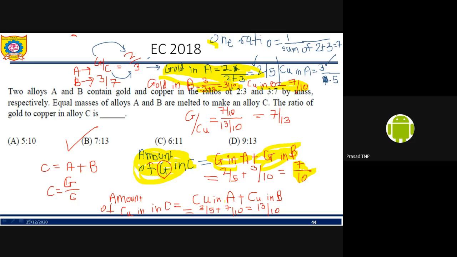Then we calculated the amount of copper in the third alloy C by the addition of copper in A and copper in B. That we got 13 by 10. And then we took the final ratio, gold in C to copper in C, 7 by 10 to 13 by 10. So this is 7 by 13. Okay.